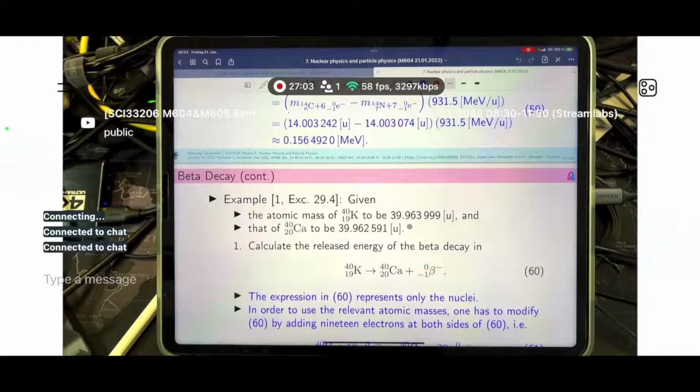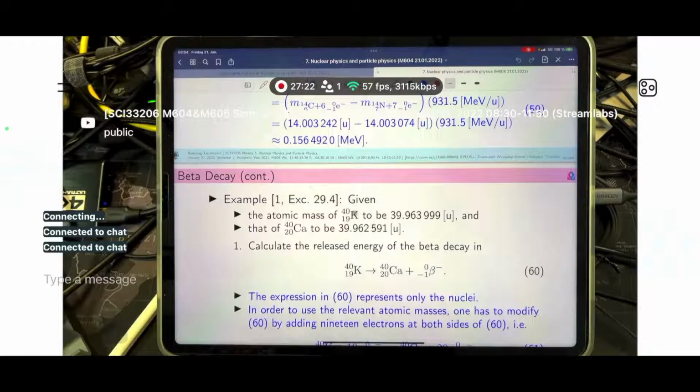The next one is calcium 40, the next element after potassium. It has one more proton: this one has 21 neutrons, and this one has only 20 neutrons.